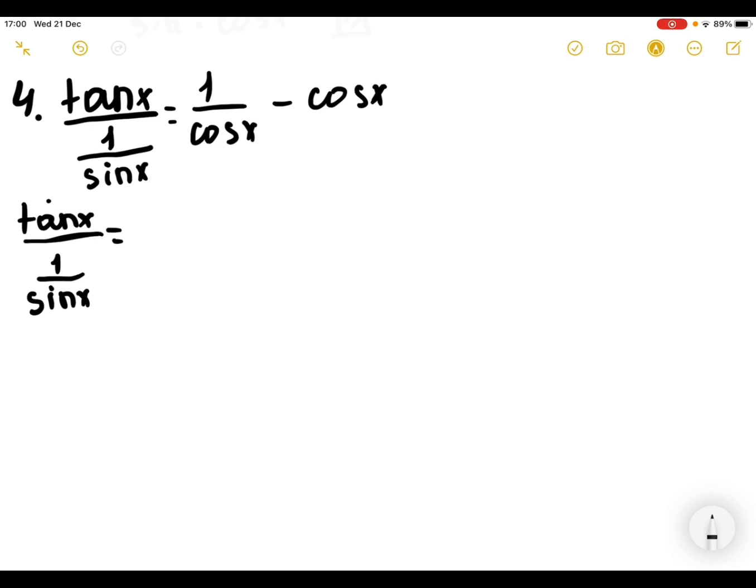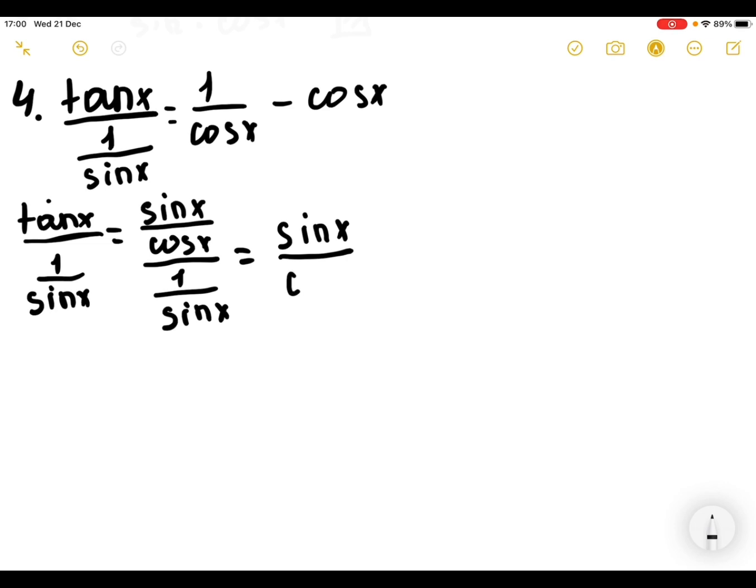Here tangent x equals sine x divided by cosine x, and 1 divided by sine x. You can invert the denominator and multiply: sine x divided by cosine x multiplied by sine x divided by 1. So we get sine squared x divided by cosine x.